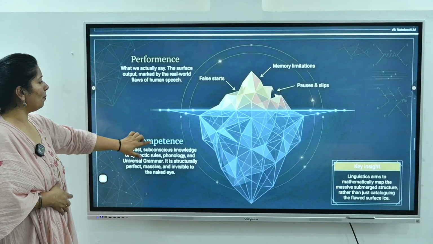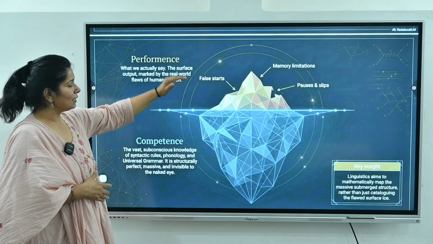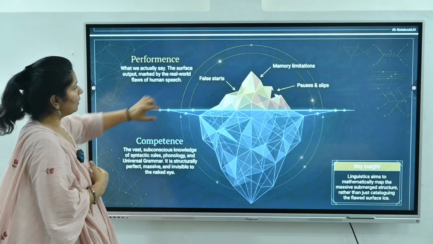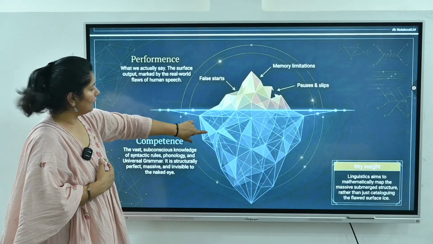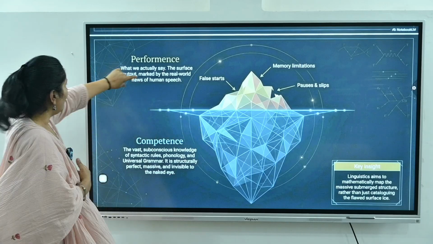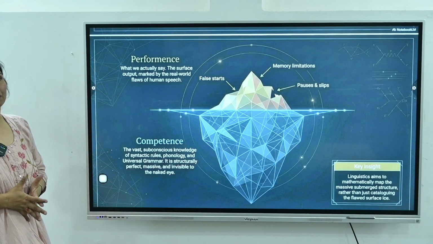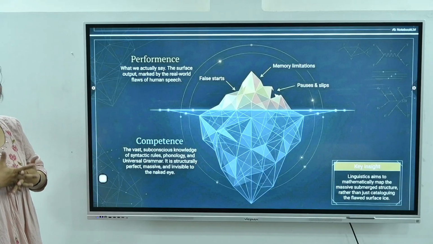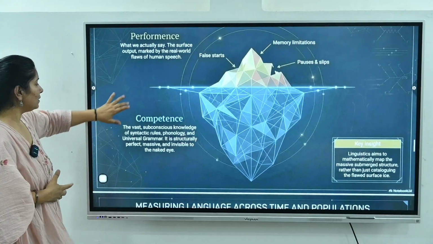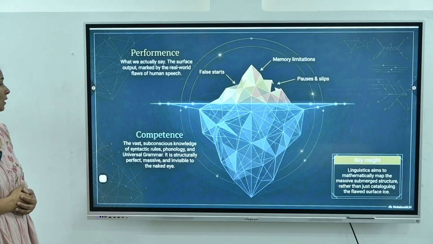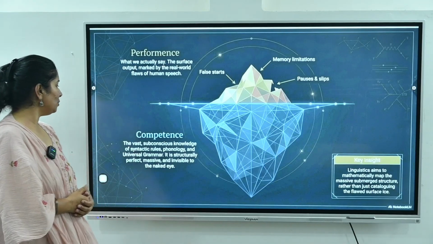If we talk about competence, we can see in this image that this part is visible and this part is not visible. Competence is the vast subconscious knowledge of syntactic rules, phonology, and universal grammar.